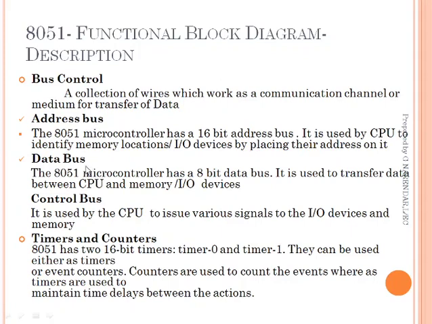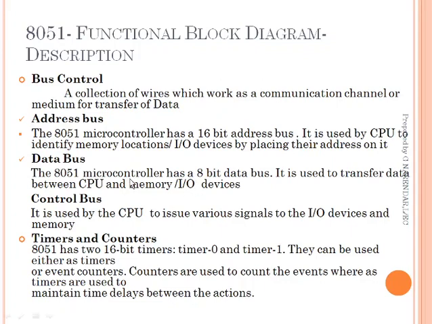Next we have the data bus. This is very different from the address bus. It is also a bus, that means it is also a group of wires, but for the 8051, this group consists of 8 wires. Whatever data the 8051 requires from any memory location or input output device, it will receive on this data bus, or it will send data on this data bus.